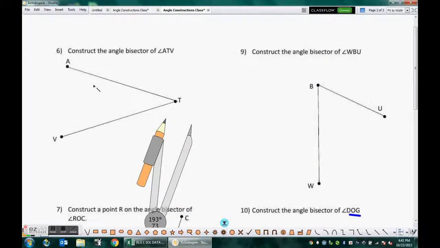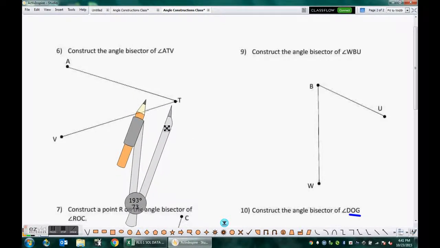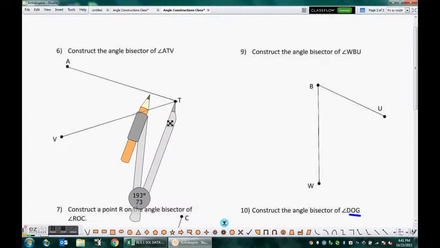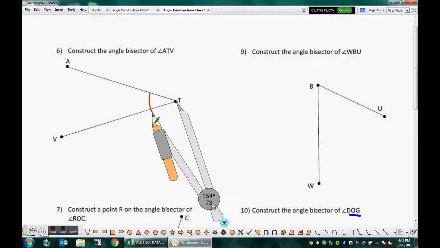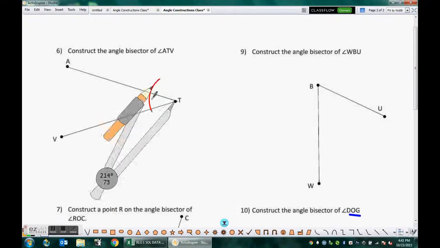Okay. So I'm going to start with number 6 here. So kind of like the same step as copying an angle. I'm going to start with my sharp point on the vertex, and I'm going to swing all the way through my angle here. Okay.